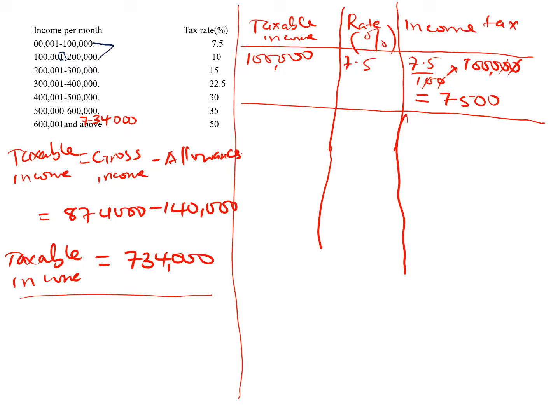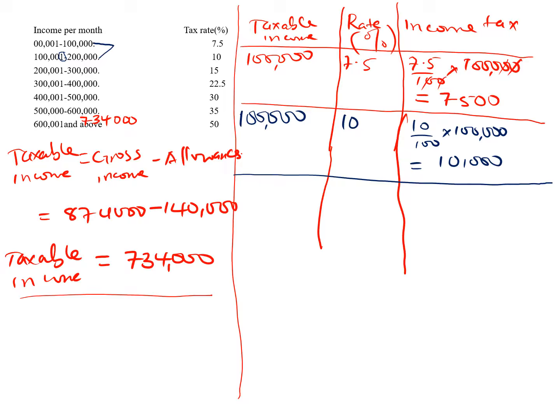You get 200,000 minus 100,000. Still here we shall have 100,000 and the rate is 10. And then here we shall have 10 out of 100 times 100,000. Then here we get our answer as 10,000.